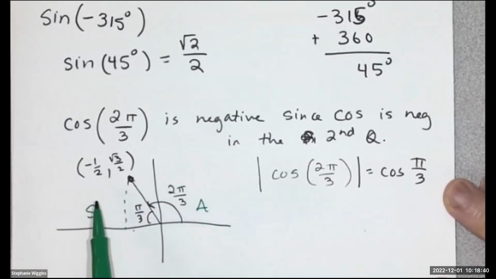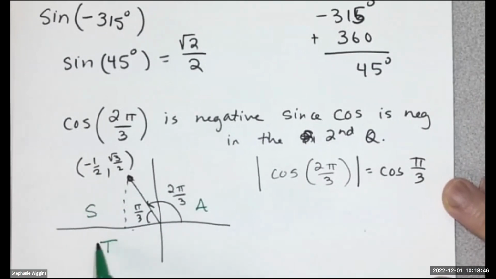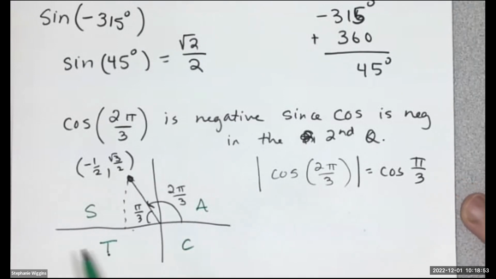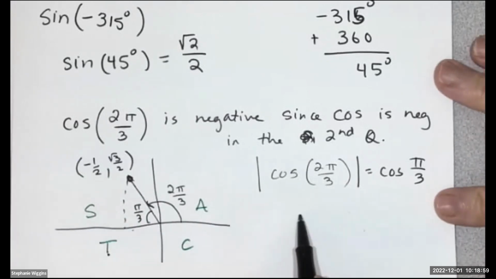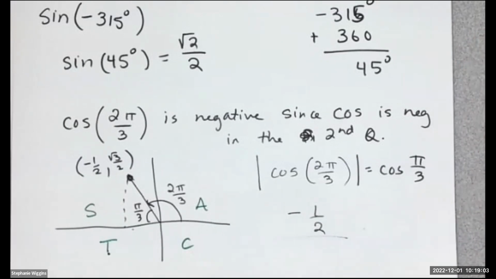Only sine and its reciprocal are positive in the second quadrant. Tangent is positive with its reciprocal in the third. And then cosine is positive here. So we're in the second quadrant, so cosine is negative, and so we get negative 1/2. Okay. All right, so moving on, we've kind of covered that enough.